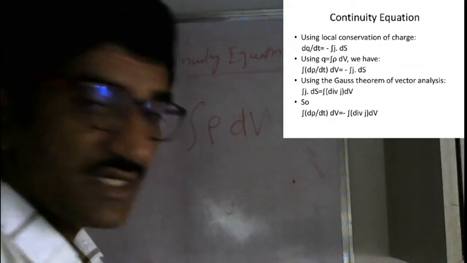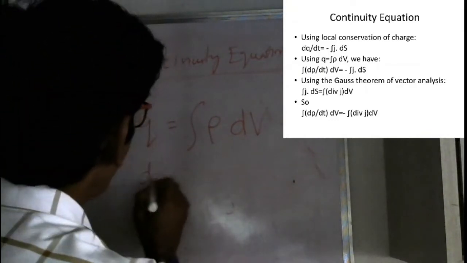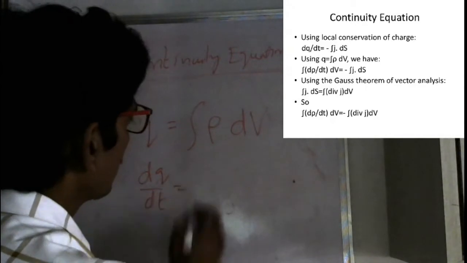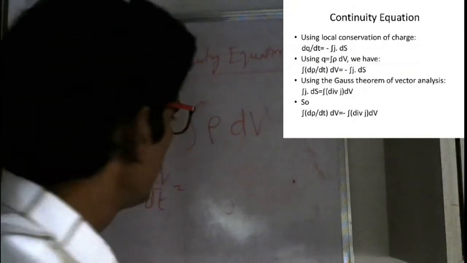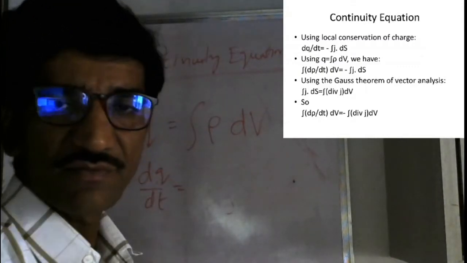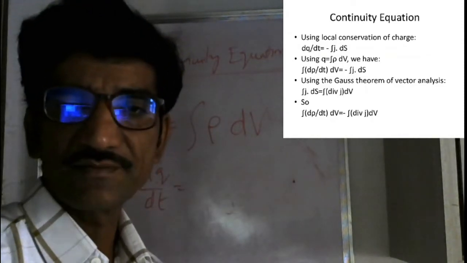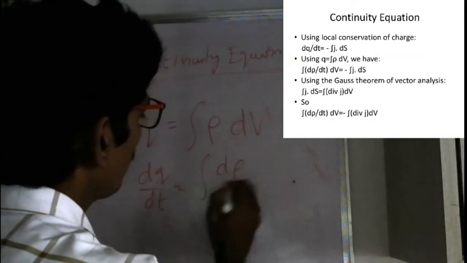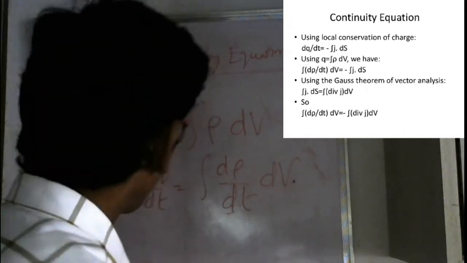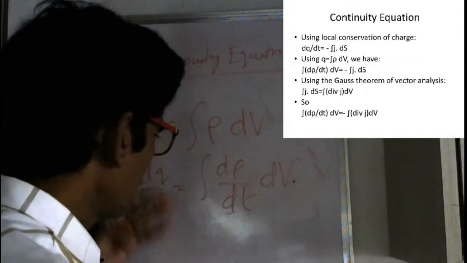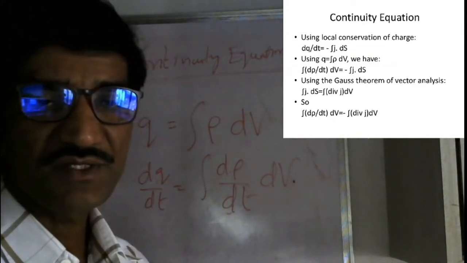Let us differentiate it with respect to time. dq by dt is equal to the integral of d rho by dt into dv. From this equation, we have this result, which we use in applying the local conservation of charge principle.